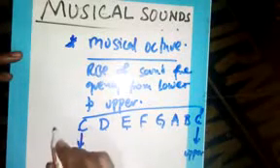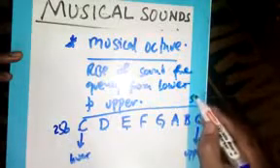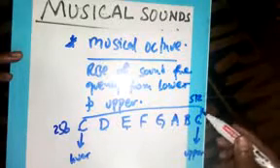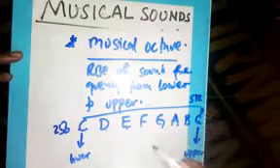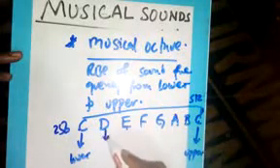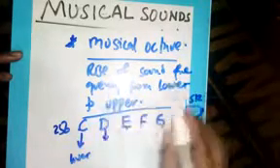Because C is 256, C dash is 512 Hz. Therefore, why we are saying C dash is an octave of C is because this is the multiple. D can be higher frequency but not multiple. That's why we are saying it is the rise of sound frequency from lower to upper.